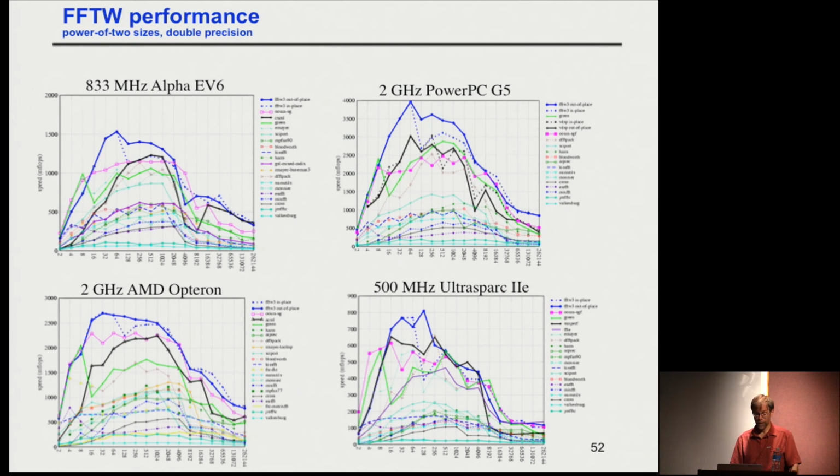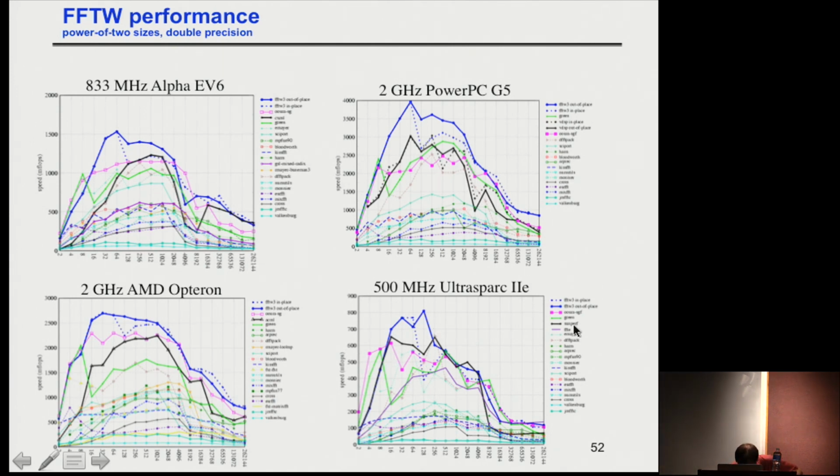You don't change v. But you can also run the FFT so that f times v overwrites v, so you can use half as much memory. That's the in-place FFT, and that is the dotted blue line, which is sometimes a little bit faster, sometimes a little bit slower. But you can see that it's doing very well and beating everybody else pretty much.